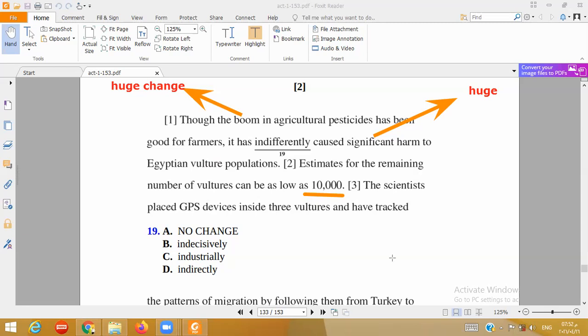It has indirectly, or industrially, or indecisively, or no change. B, indecisively? Nope, it's D, indirectly.